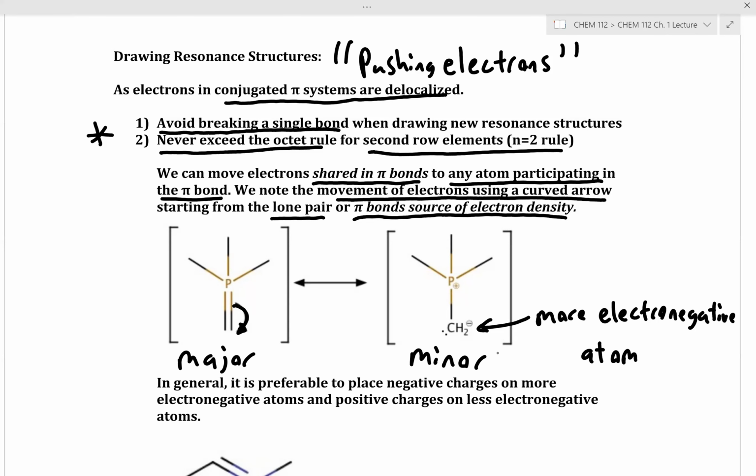The structure on the right, though, should not be neglected because it's a very good descriptor of how this molecule likes to react, where the negative charge is centered on our carbon. So the minor structure really provides us insight into reactivity and patterns of reactivity. And that's the point of drawing these structures.